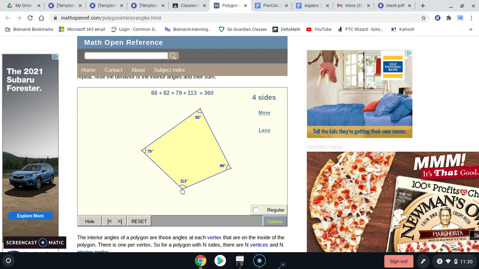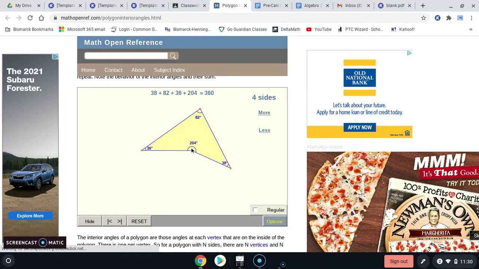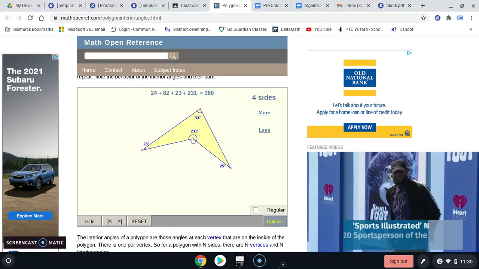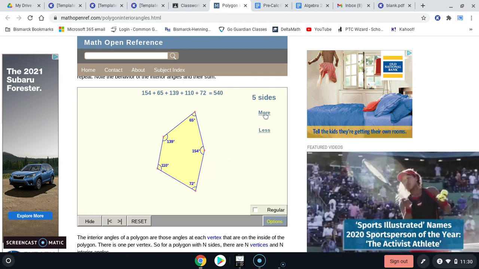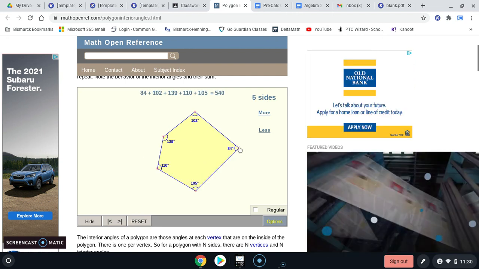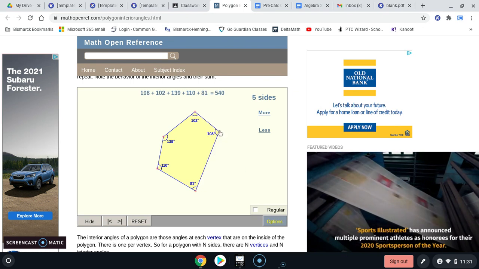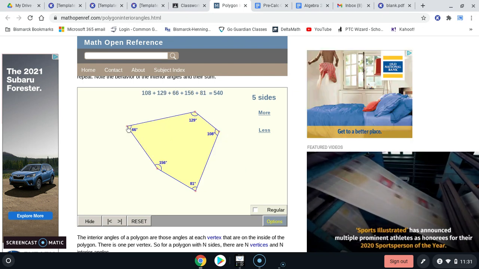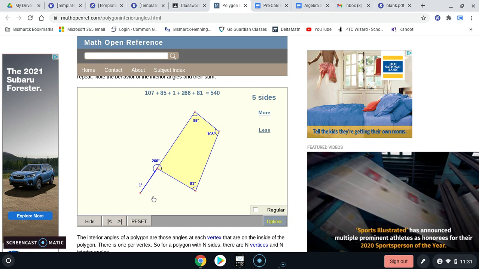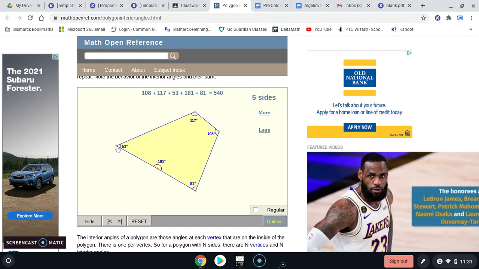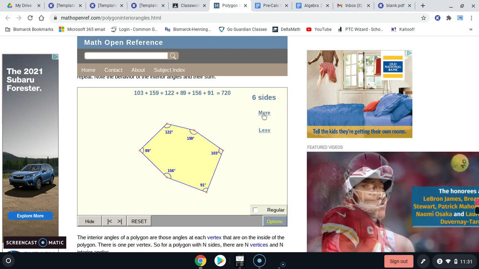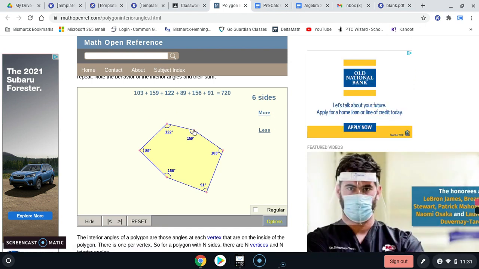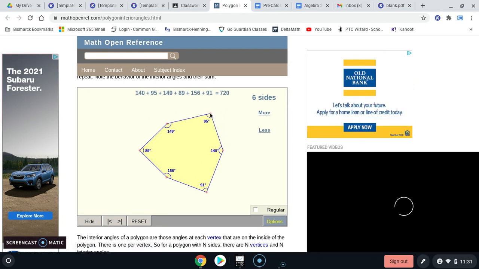Usually we think of convex polygons, but concave polygons work too. Okay, so then we can do more sides. Pentagon, 5 sides, you can move the angles around, and no matter what, the sum of the angles is going to stay at 540. And the same thing with a hexagon, and then you can keep playing with that.